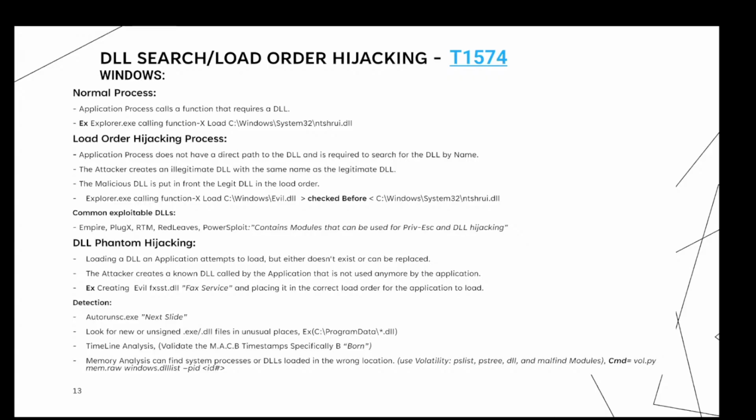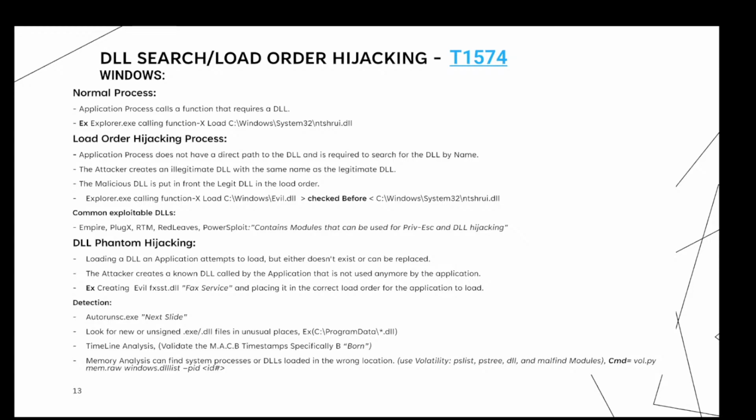And then different detections we have. We can use Autoruns to see not just DLL or different load order hijackings, but also WMI, user creation, scheduled tasks, and a bunch of other stuff. Look for unsigned DLLs in unusual places, right? So ProgramData.dll probably wouldn't be a good spot for that. Do timeline analysis.